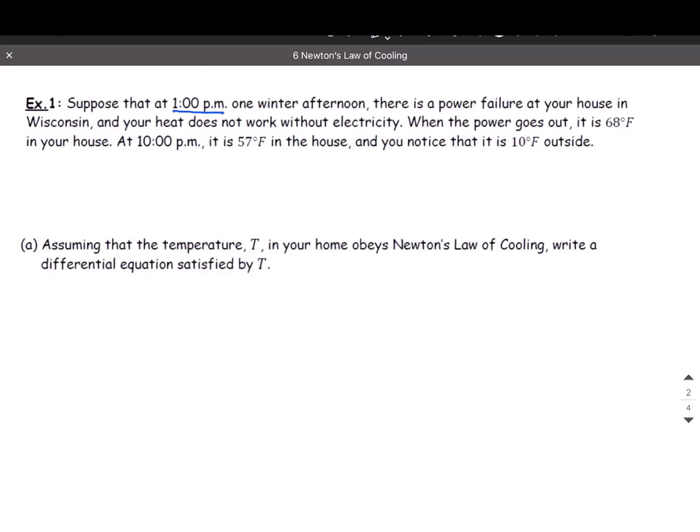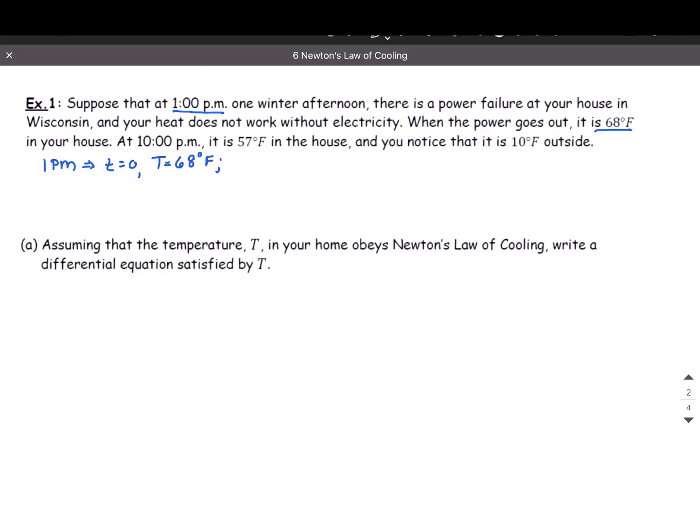So let's see what we know. This starts at 1 p.m., when the power goes out. So 1 p.m. is going to be our time zero, and we know that our temperature in the house is 68 degrees.